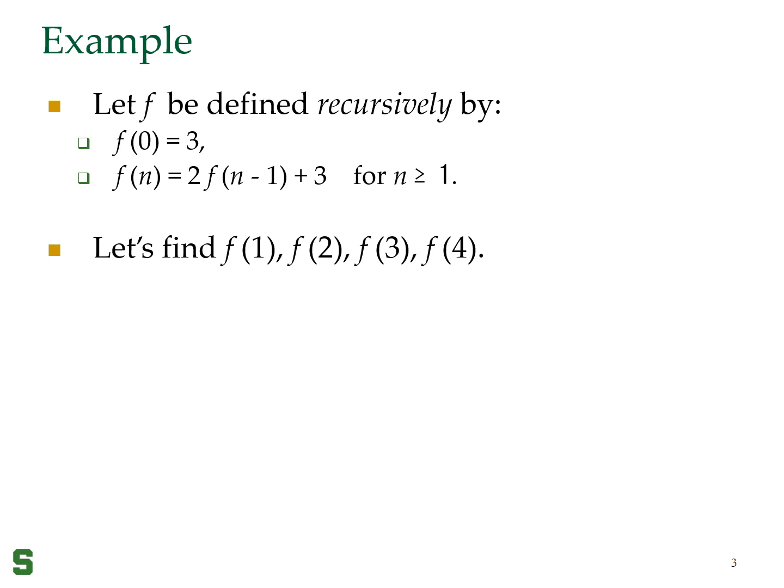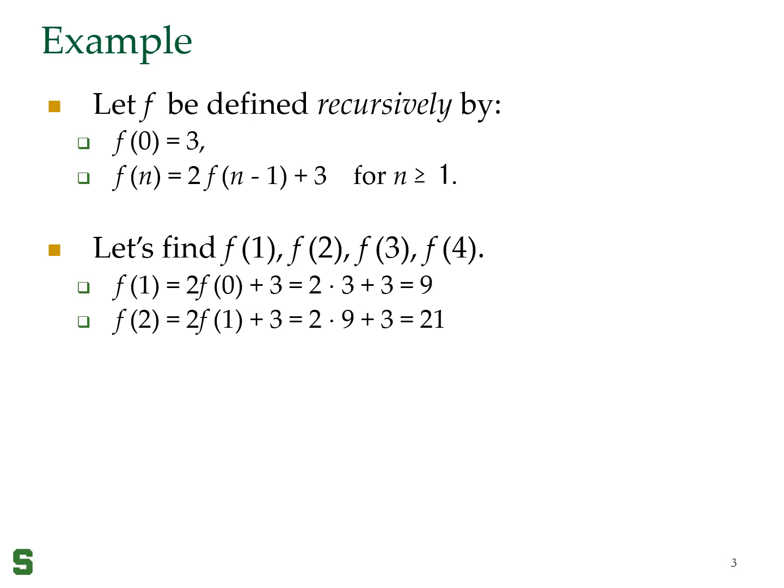So let's say we want to find f(1). So here we can see f(1) is 2 times f(0) plus 3. f(0) is defined as 3, so we substitute, so it's 2 times 3 plus 3, that is equal to 9. We can compute f(2).